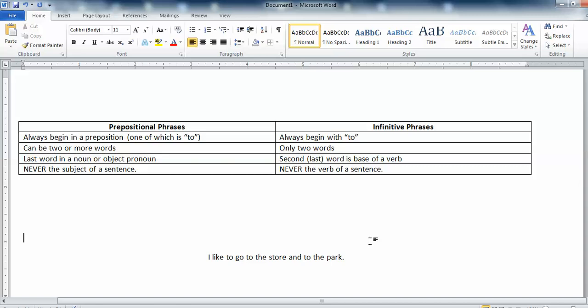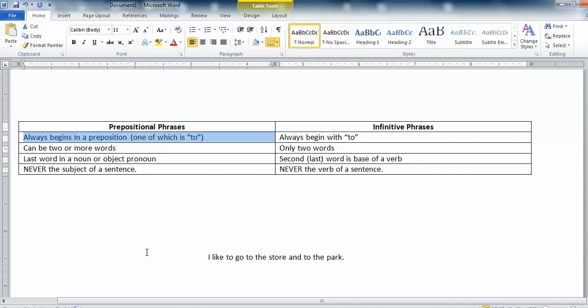So what I've done is I've come up with this comparison chart that you see up on the screen right now. And under the column that says prepositional phrases, I tell you first of all that the prepositional phrase always begins in a preposition. And you saw that long list of prepositions, so there are lots of prepositions.